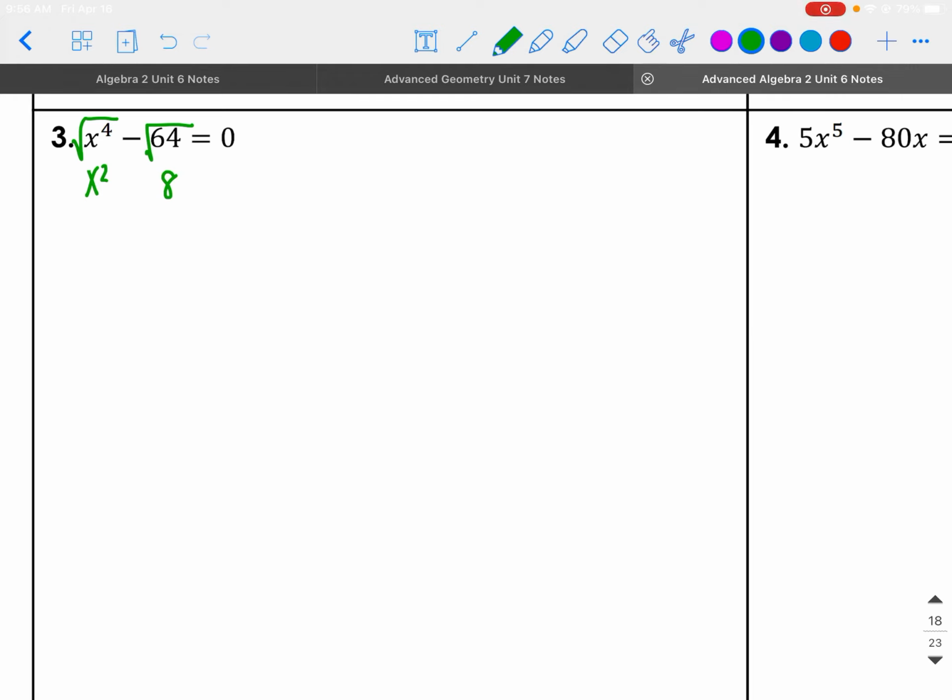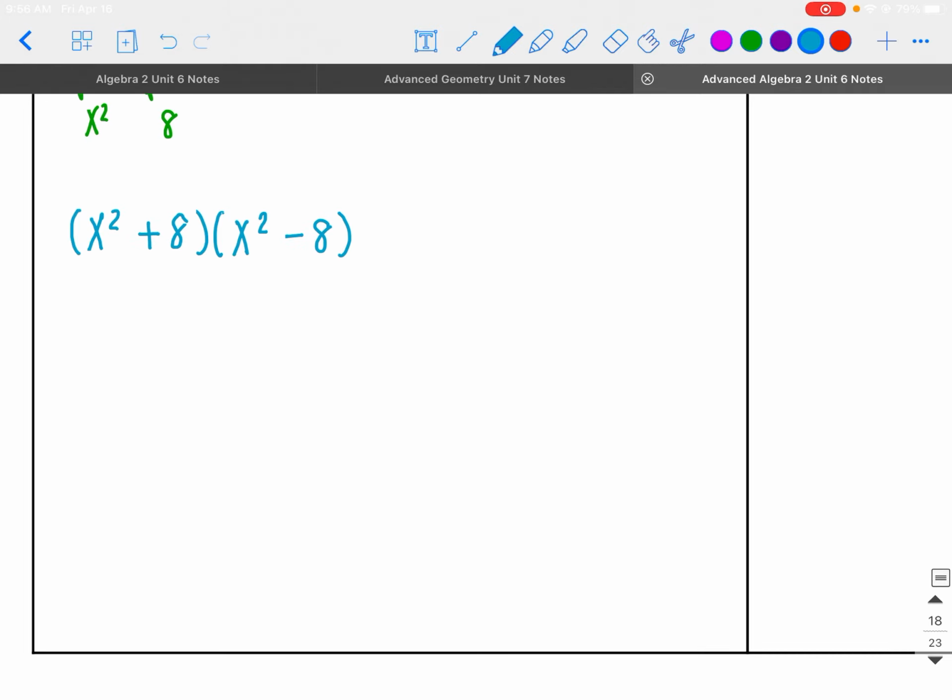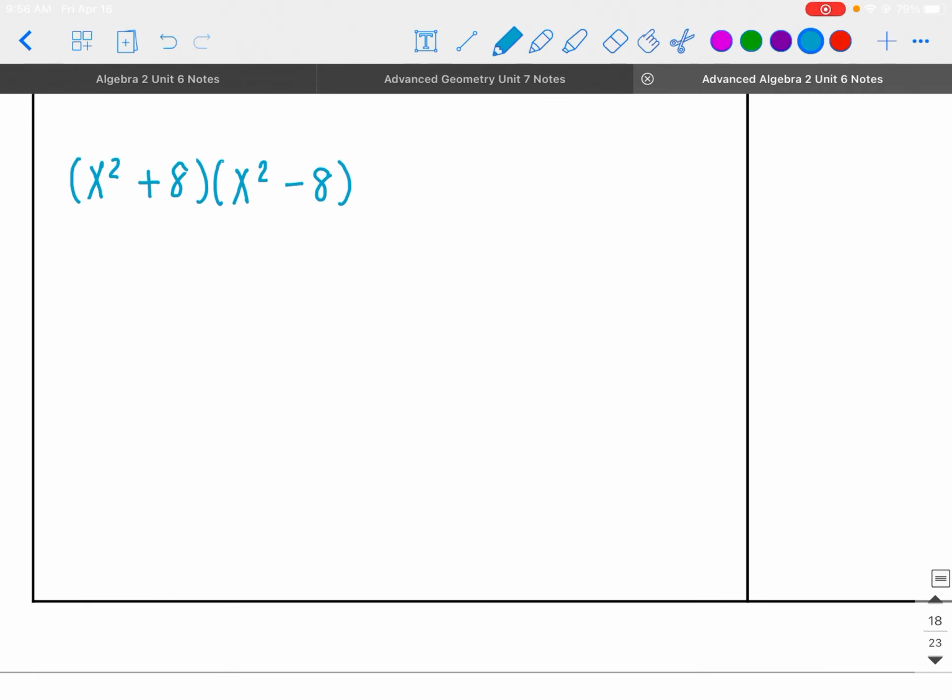This is 8. And so when we factor, we do x squared plus 8, x squared minus 8. And then we check to see if those are perfect squares, but they're not, so we can't factor anything down anymore. And they're not perfect cubes.